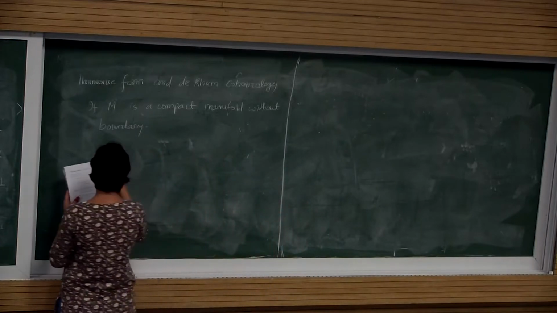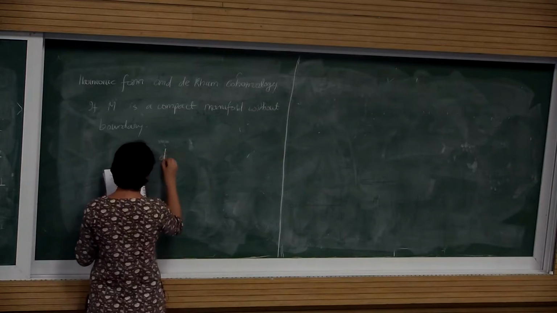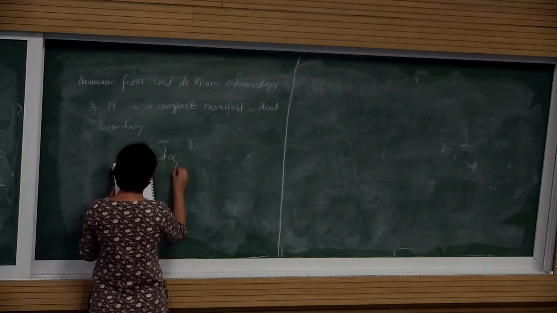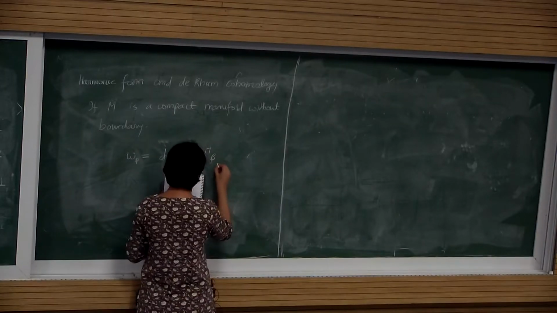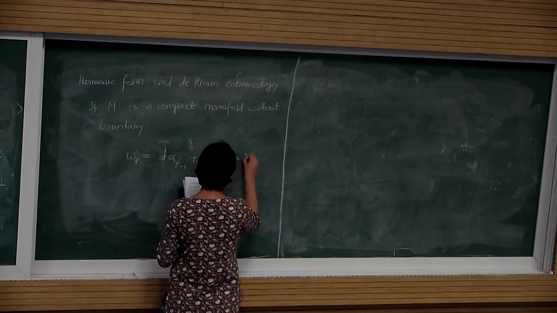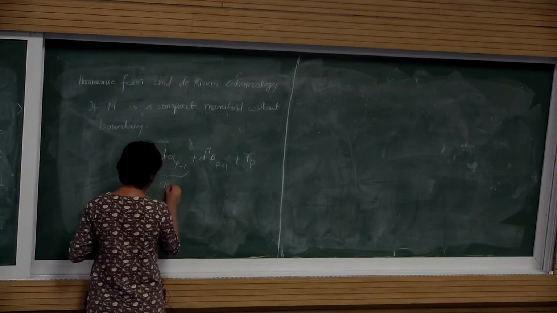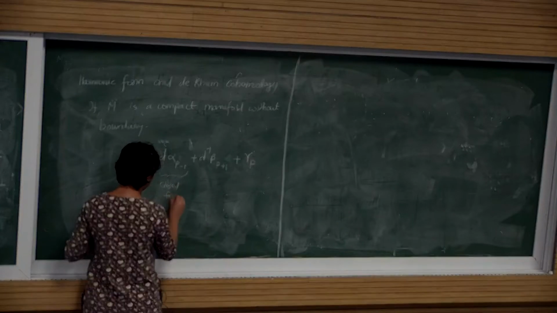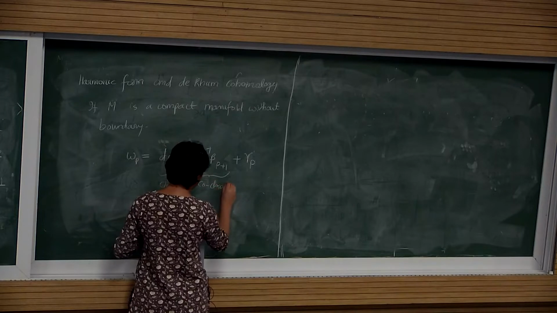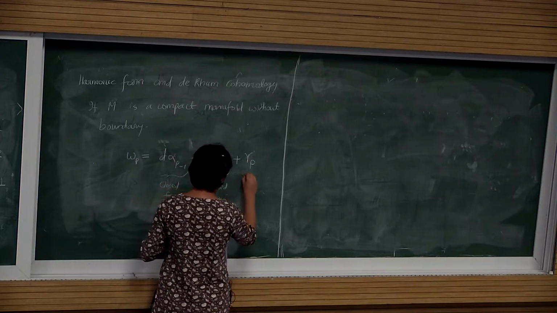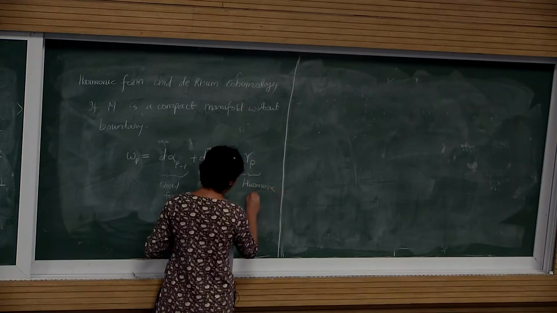So in this case, any p-form basically can be written as some d of alpha p minus 1 plus d dagger beta p plus 1 and a harmonic form gamma p. So this is a closed form and co-closed, and this one is the harmonic form.